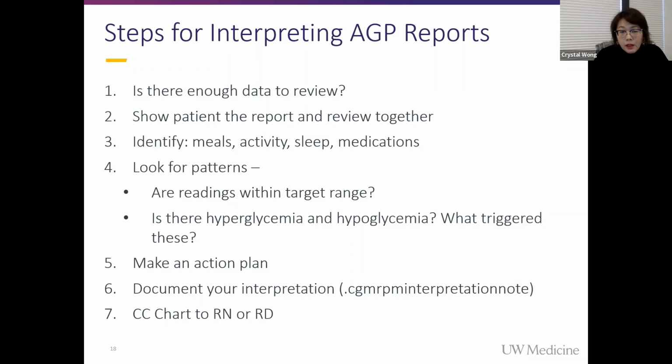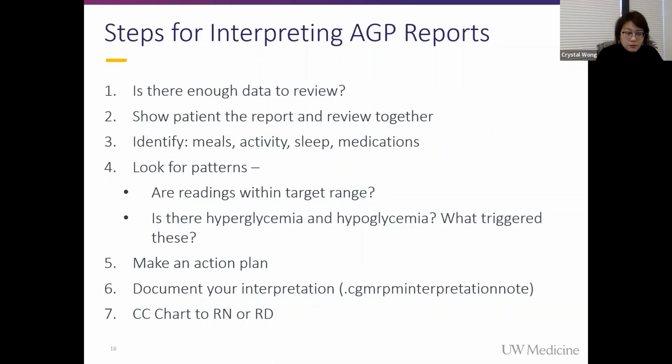Number three: you're going to look at those curves and identify when did you eat? When do you exercise? What time do you go to sleep? When do you take your metformin, or when do you take your Lantus? Then look for patterns, let's look at meals. Whoa, do you see how high you're spiking at dinner?